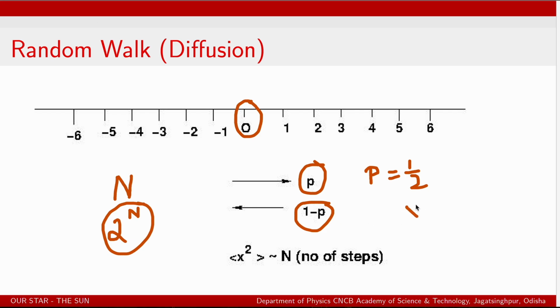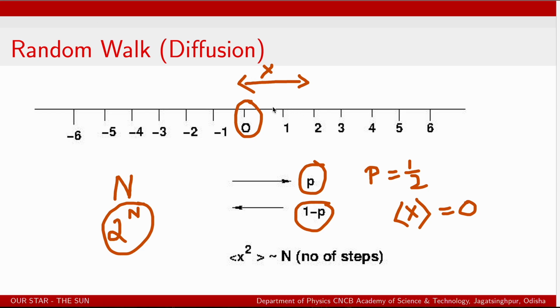So we do the x average over these 2 to the power n paths. And what is x? x is the distance traveled from 0.